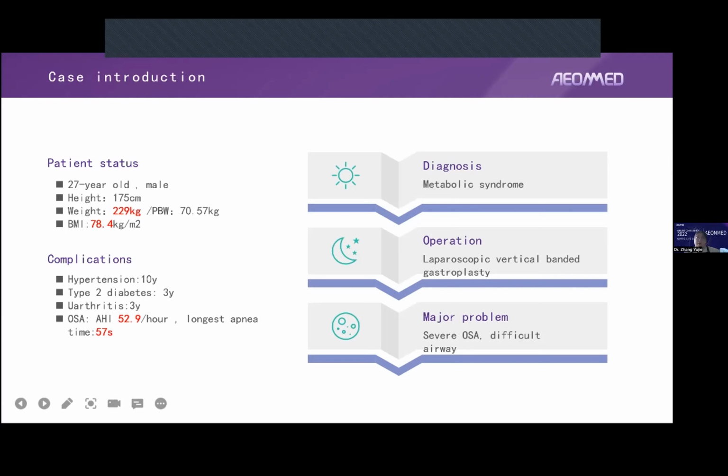And his major problem is that he has severe OSA, obstructive sleep apnea. The AHI was nearly 43 times per hour, and the longest apnea time is nearly 1 minute. So the major problem will be the severe OSA, and of course, it will cause a difficult airway.